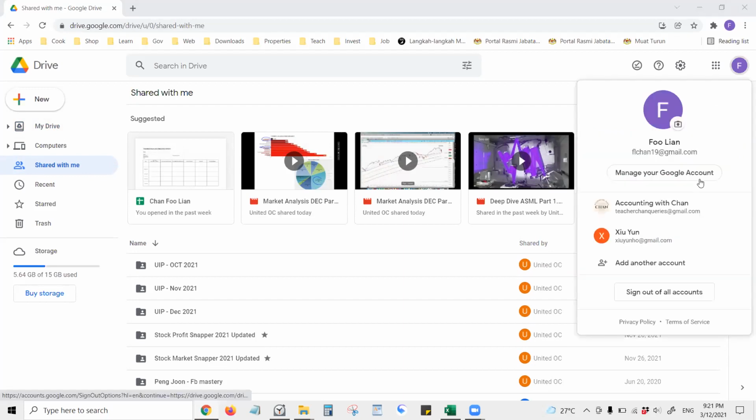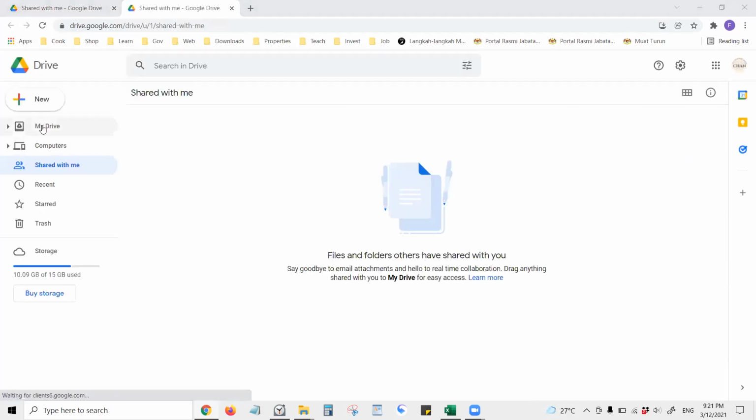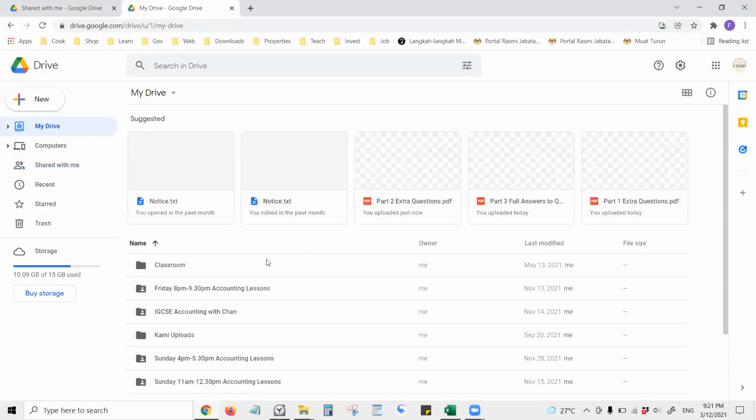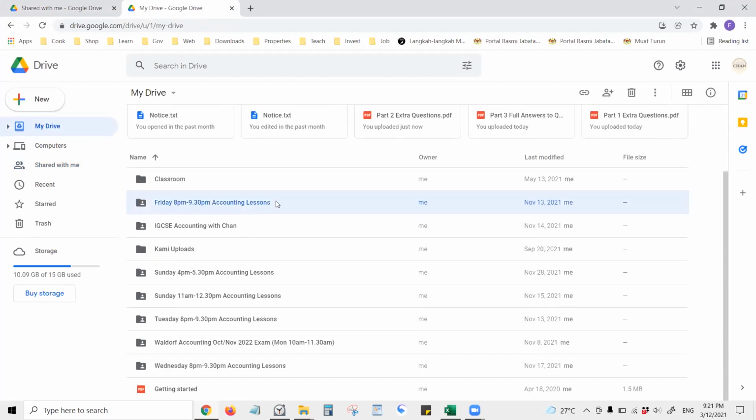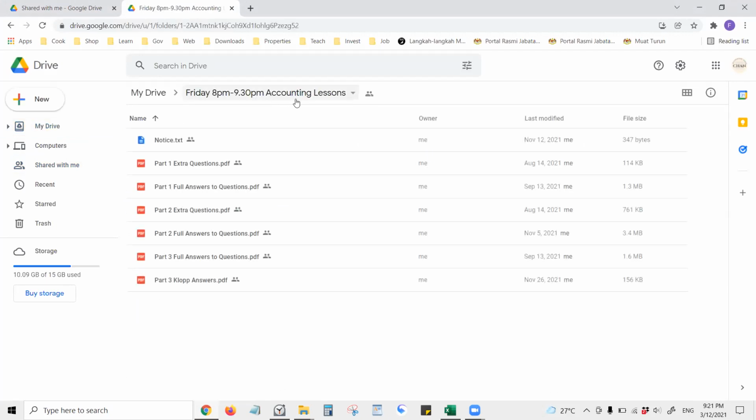Then you let me know whether you can see it. Jason, you got the file? Managed to go there? It is this folder. Jason, you have the Google Drive? Okay, good, Annabelle, you saw it. Download it, Annabelle.